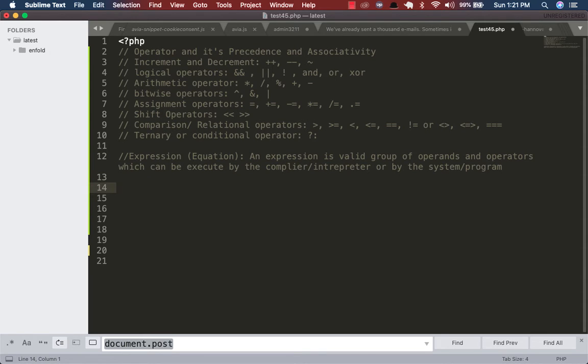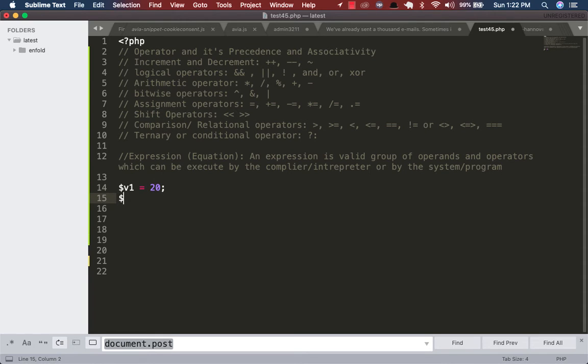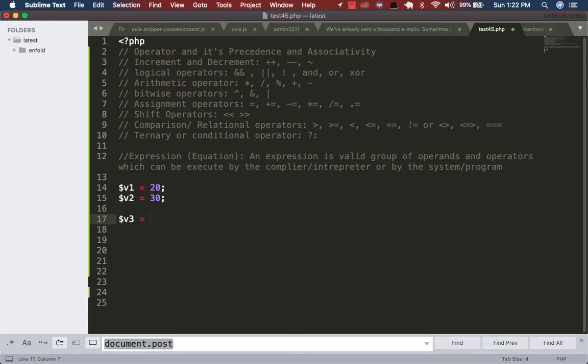Okay, so first we will write a very simple expression. First let me declare a variable v1 with value 20, v2 equal to 30. Okay, now I will write v3 equal to $v1 plus $v2.